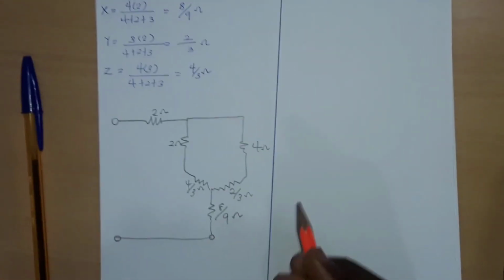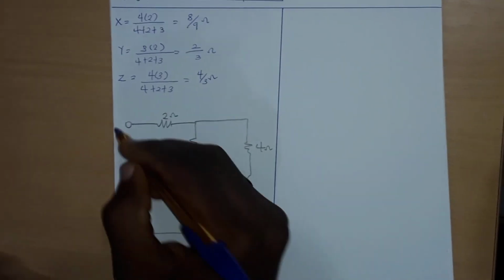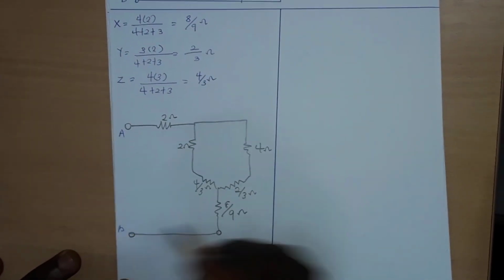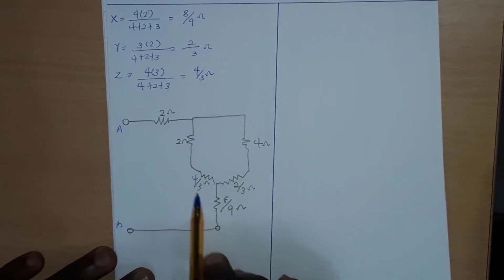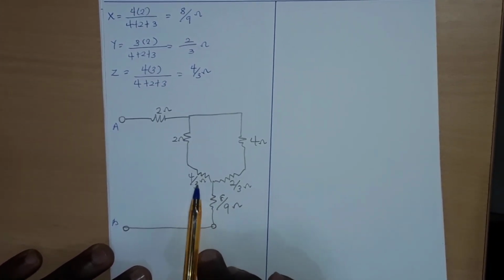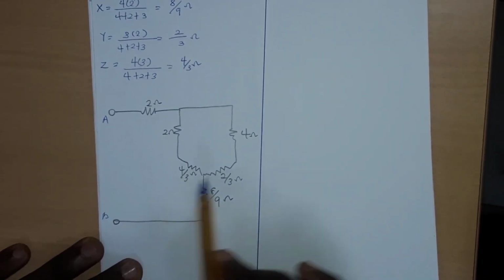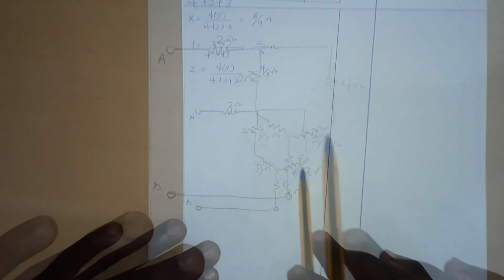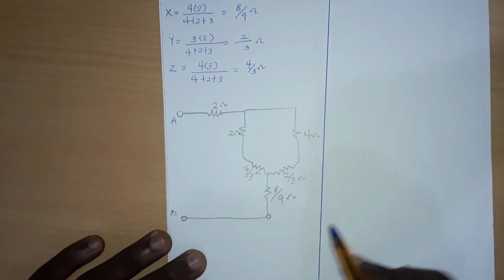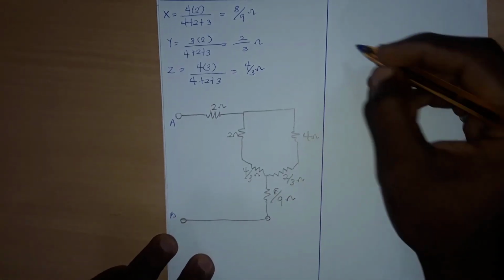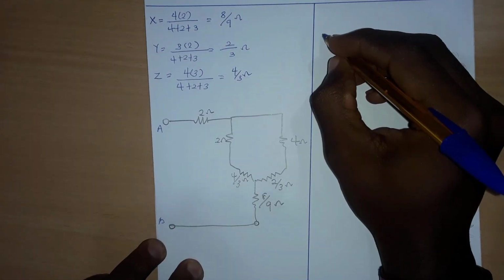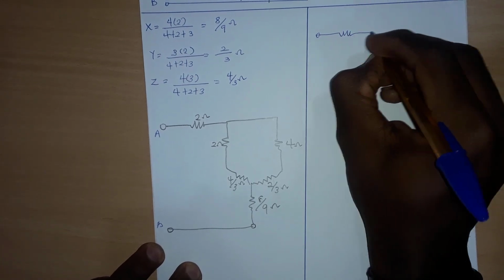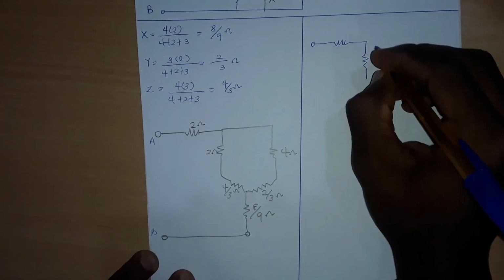So from here we can see that 2 and this 4 on 3 are in series. We can also see that this 4 ohm is in series with this 2 on 3 ohm. So it will be like this. Our next circuit will look like this.